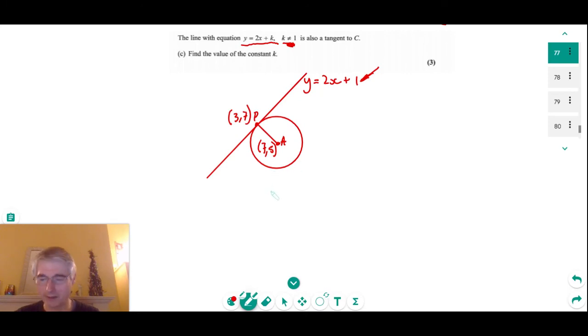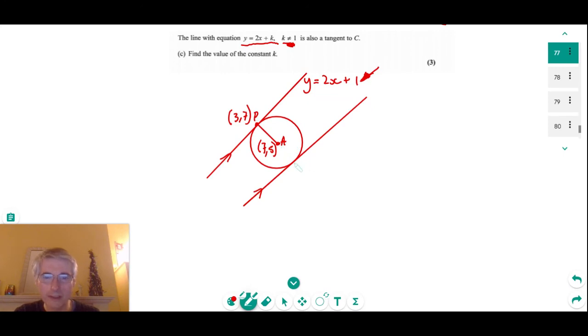The only way it could be a tangent with a different number at the end would be if it was a tangent on the other side of the circle. So if it looked like that, these two lines are supposed to be parallel here. They're not quite, but they're supposed to be.